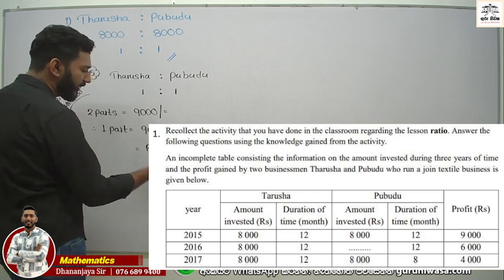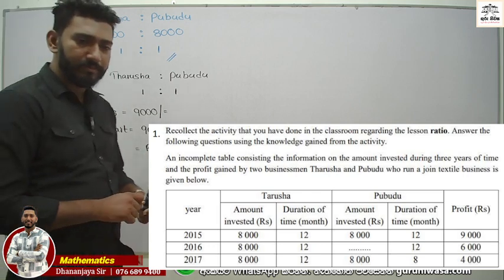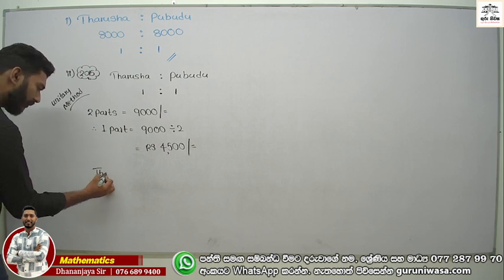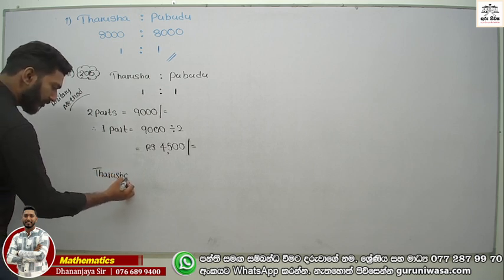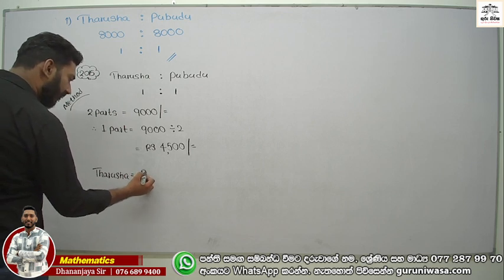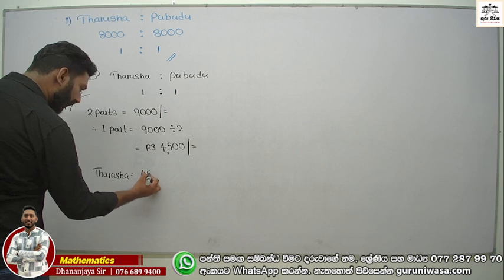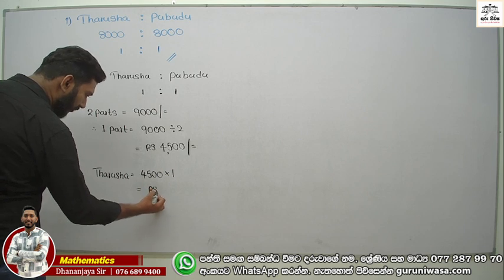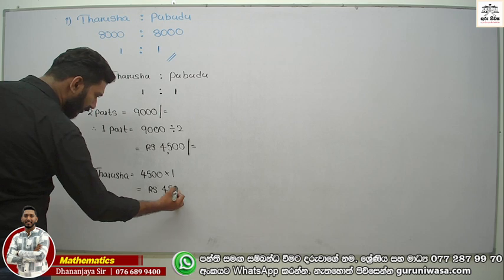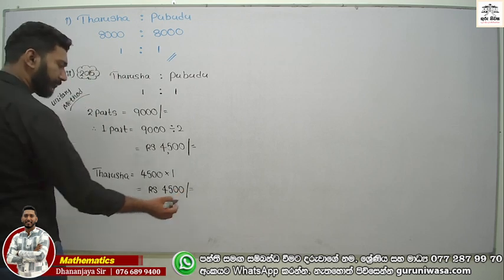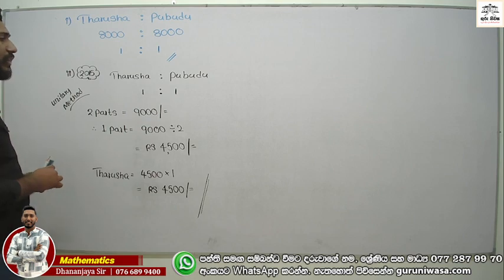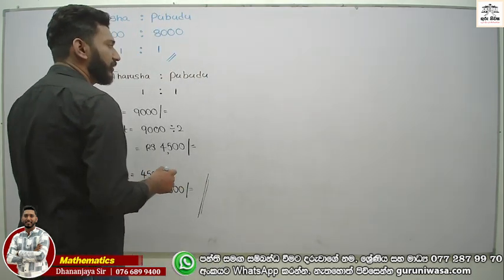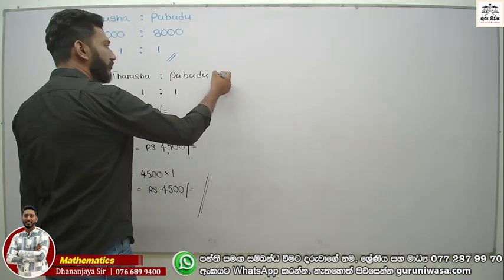Now, the profit gained by Tarusha is one part, therefore 4,500 multiplied by 1. Then the answer is also 4,500 rupees. And this is method number 1. Right? And we have another method also. What's method number 2? You have to use a fraction. Right? Look at this. This is method number 2.